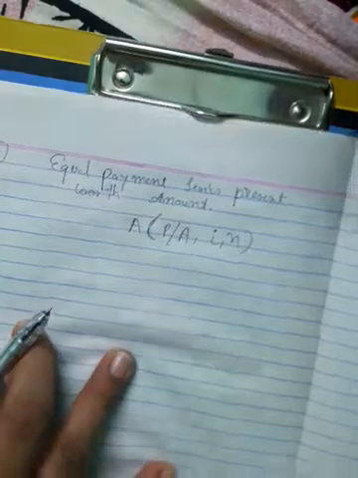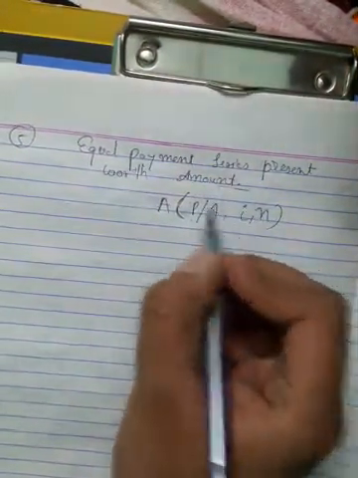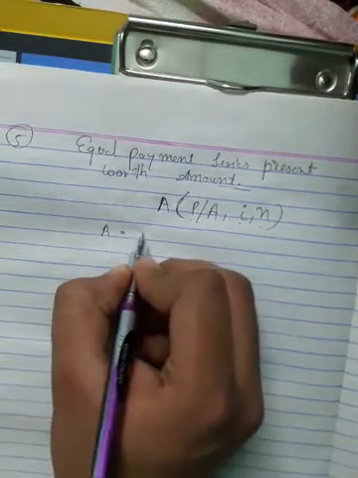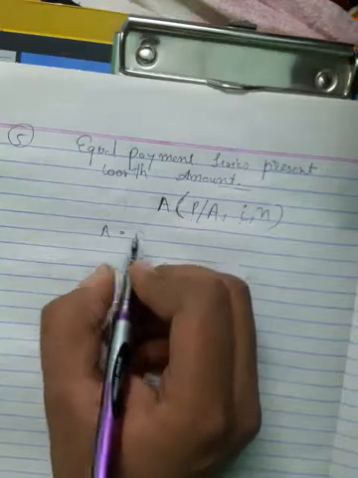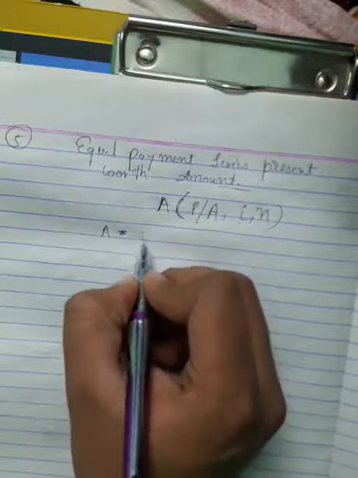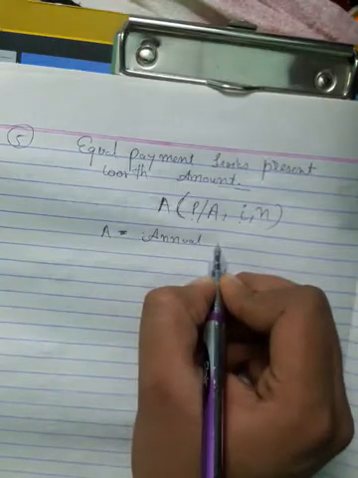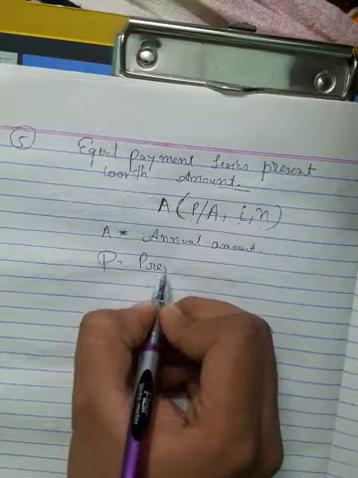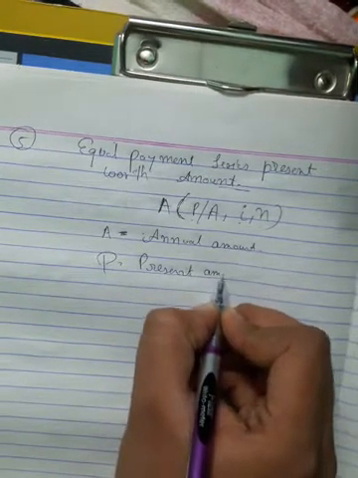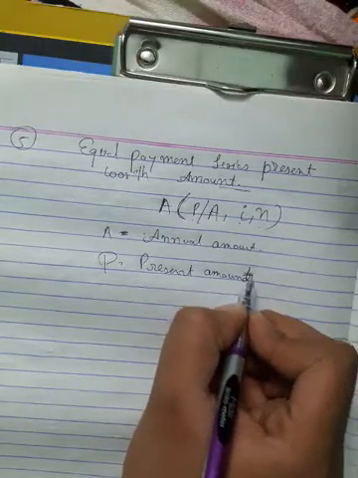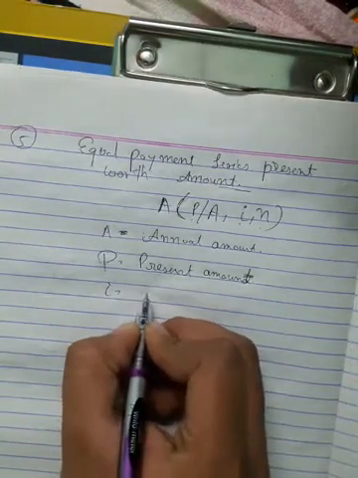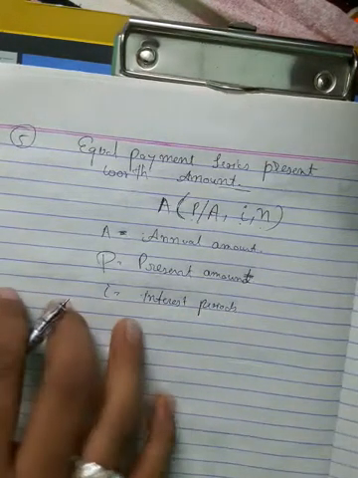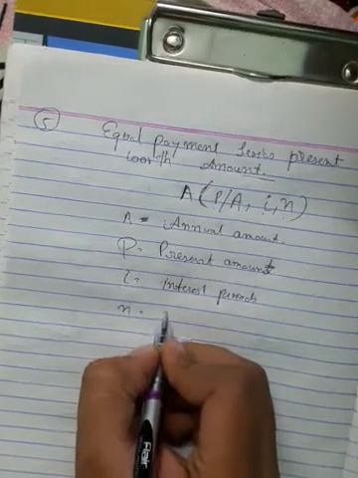It is written as P/A, i and n, where A is your annual amount, P is your present amount, and i is the interest rate for n number of years.